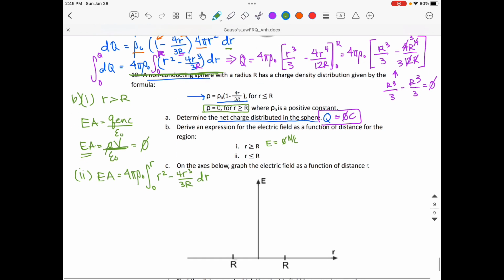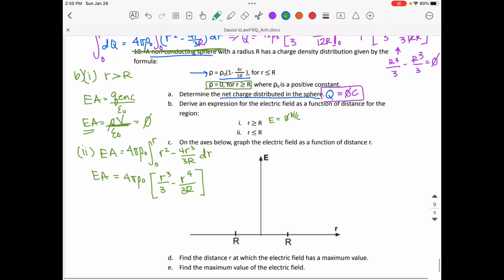So what I end up with is EA is equal to 4 pi rho naught, and I'm going to integrate, so that becomes r cubed over 3 minus r to the 4th over 4 over 4, that cancels out, so this is 3r.